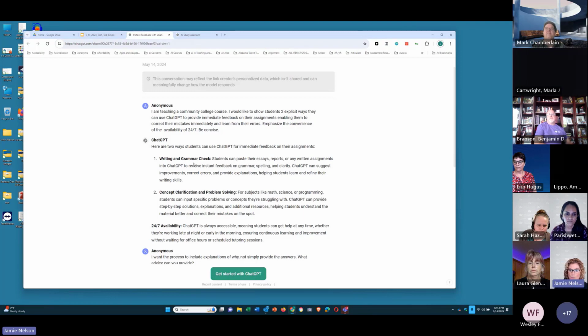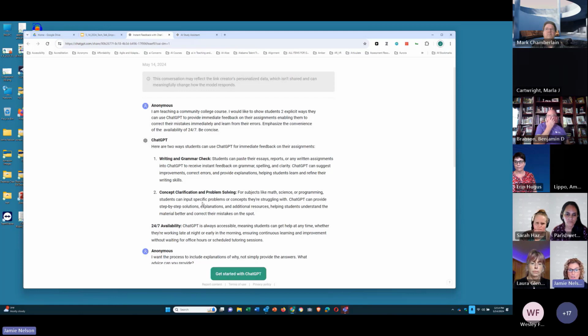And then we had the faculty paste that in and say, provide feedback on the student essay below. Sarah and I and our team wanted them to see, what does that look like when that happens? And it came back and gave them feedback on punctuation, grammar, tone, voice, whatever you want it to give that feedback on. So it can give that feedback to a student.